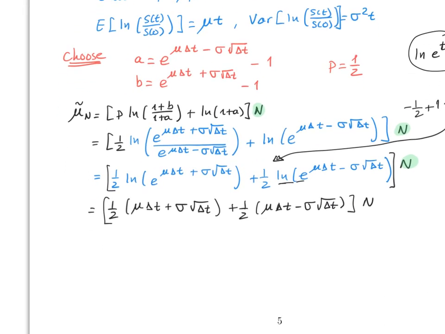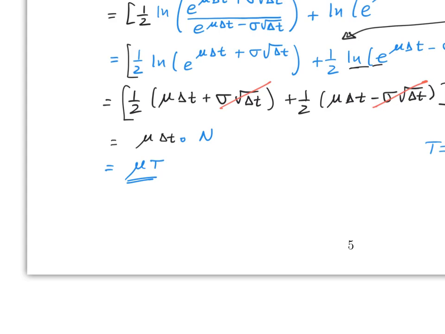So here you can see that these will cancel, and you'll end up with 1/2 mu delta t plus 1/2 mu delta t, which will give you mu delta t times the n that we have outside. But remember, by definition, T was equal to delta t times n, so therefore this is mu T, and that's it.